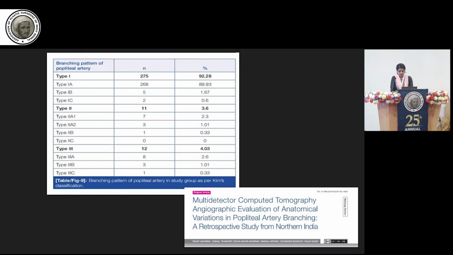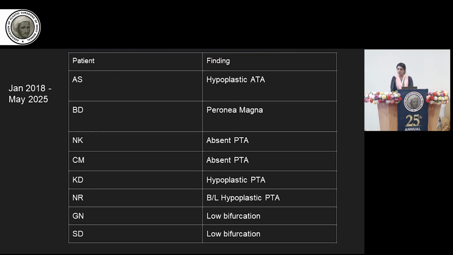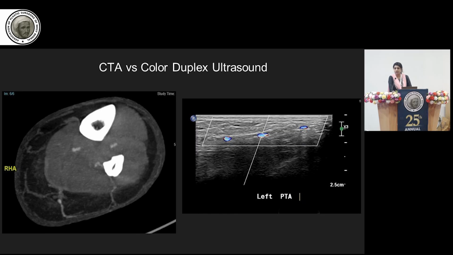This is another study, published from Dehradun, indicating the distribution of popliteal and anatomical variation in the North Indian population, which also shows 4% predominance of type 3 vascular anomalies. So in our institute, over the last 8 years, 8 patients have had some different kind of vascular anomaly which has been identified intra-op on table.